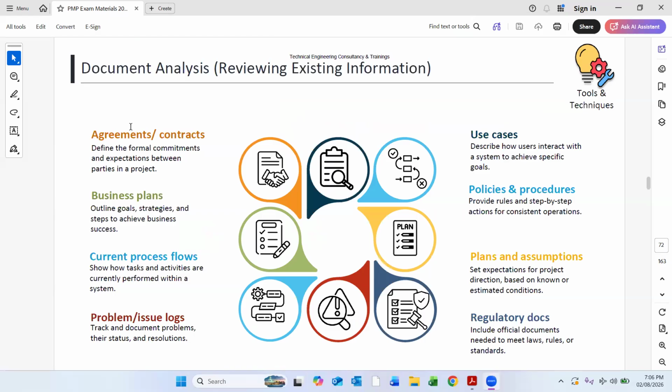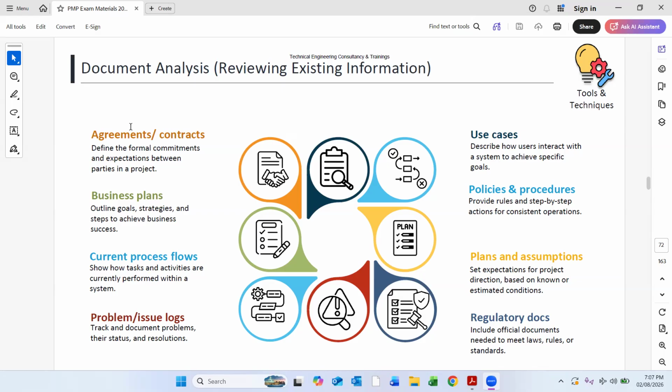So business plans are also being reviewed as documents. Current process flow, like how tasks and activities are currently performed within a system. So usually we see how the flow chart is and how the processes work. We have different flow charts where we see where these documents are and where and how to review them.